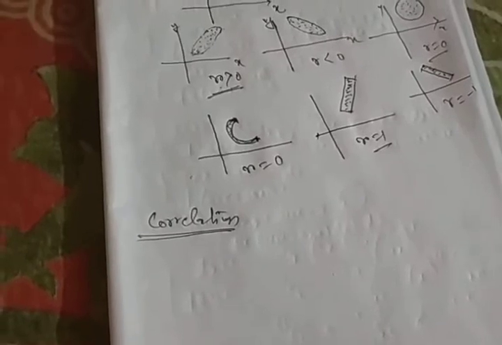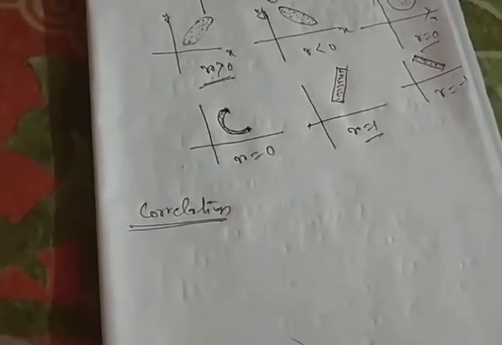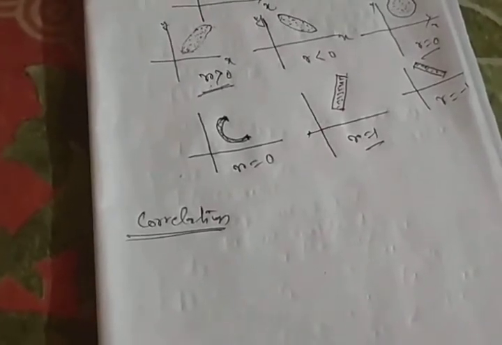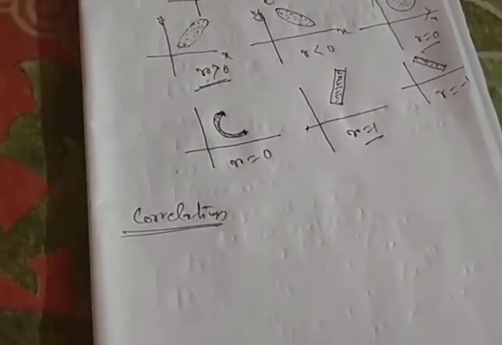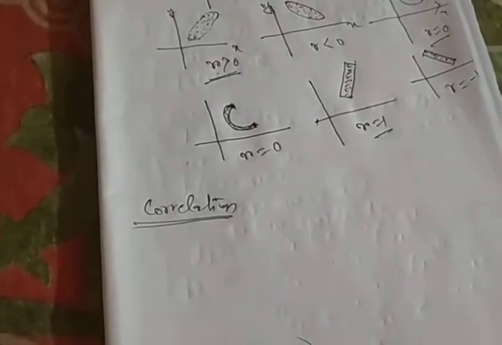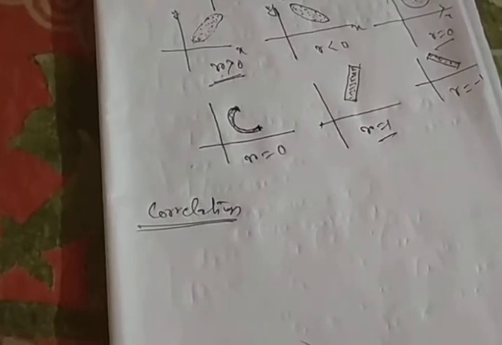We say two variables are correlated if the changes in one variable are related to the changes in the values of the other. If the change in one variable is related to the change in the other variable, then they will be called correlated. So this characteristic is called the correlation.